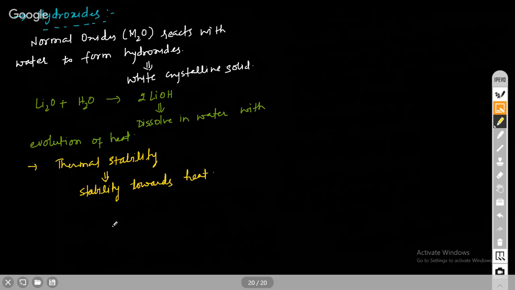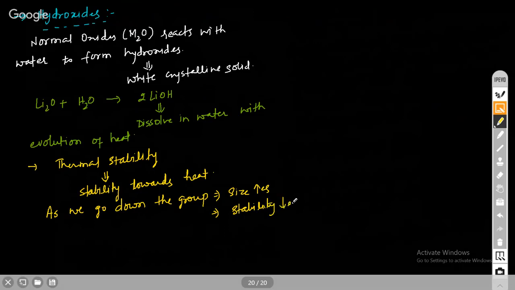As we go down the group, size increases and hence stability decreases.